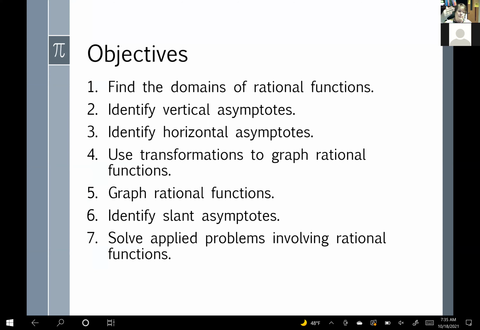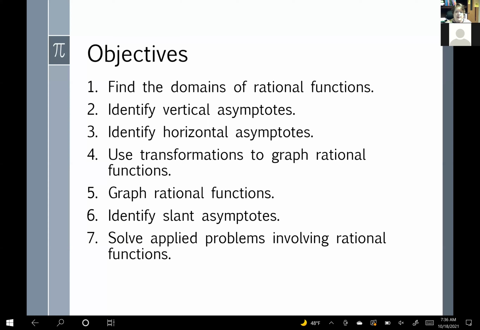And straight from that discussion leads us into asymptotes. We'll first talk about vertical asymptotes, and then we'll talk about horizontal asymptotes. The methods to find those two different types of asymptotes are completely different, and they mean something completely different. So we'll look at the techniques for doing that.